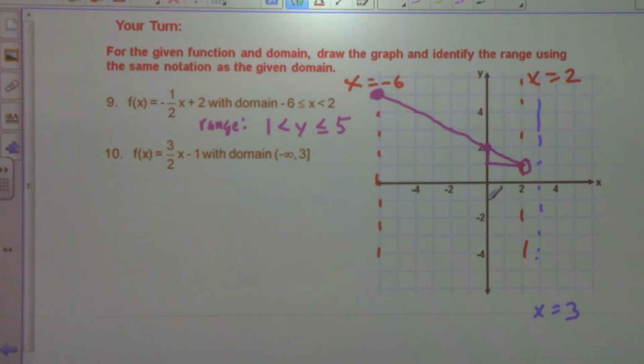So here's our minus 1. Then we have 3 over 2, and then 3 over 2 again, so it'll be like this. And then negative 3 over 2.